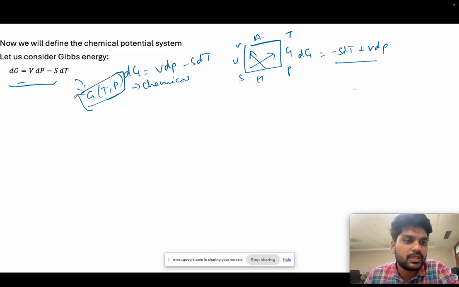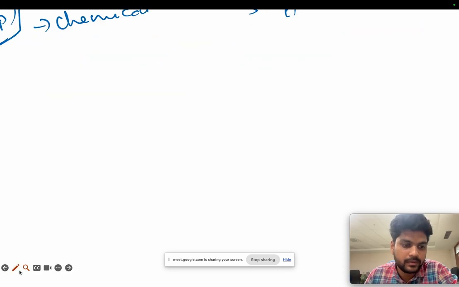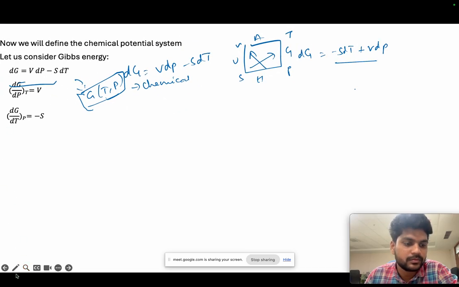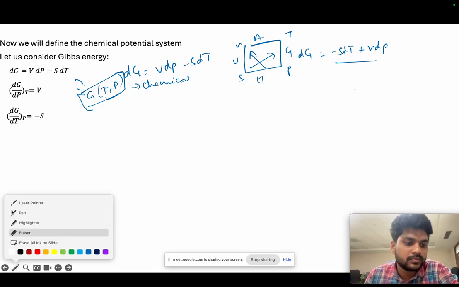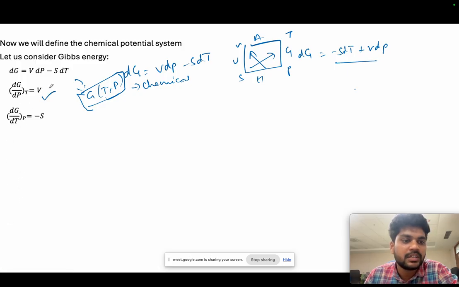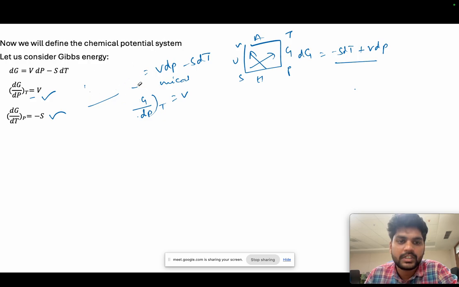What I am doing is applying the reciprocation rule. Suppose we get dG by dP at constant temperature equal to V. That's what I have written here.